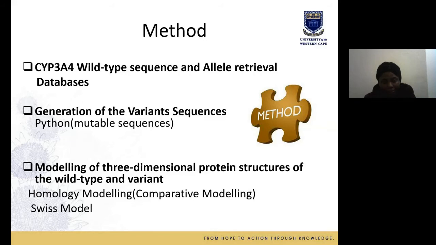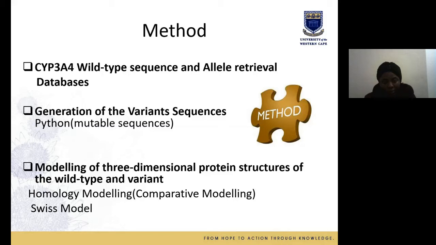The sequences of the selected variants were generated on Python with its underlying Biopython package, which was installed into the Anaconda working shell. The substitution of the amino acid was implemented at each predicted position of mutation of each variant as indicated in the database for the different variant sequences.